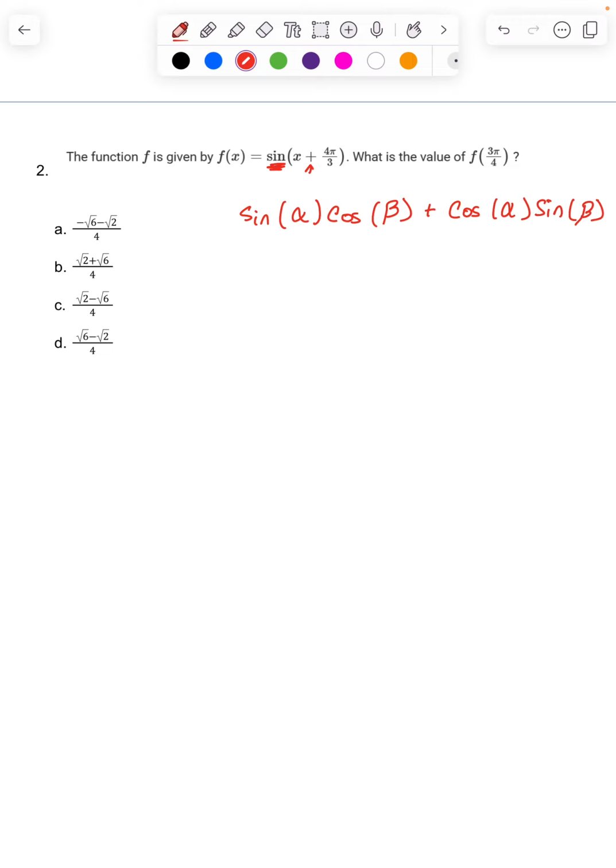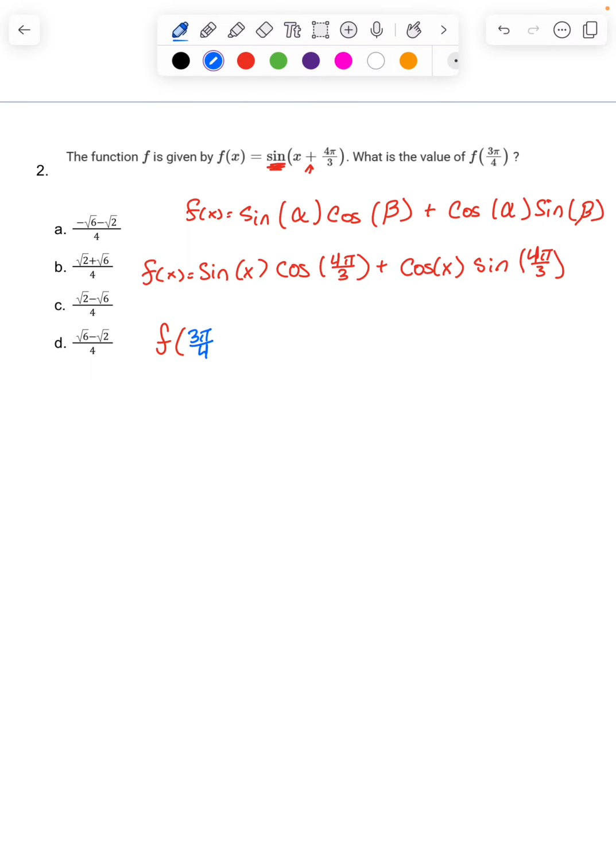So in this case, it's going to be sine of our alpha, which is x, times cosine of our beta, which is 4 pi over 3, plus cosine of x times sine of our beta, which is 4 pi over 3. This is still f of x. Now what changed is instead of f of x, we're doing f of 3 pi over 4.